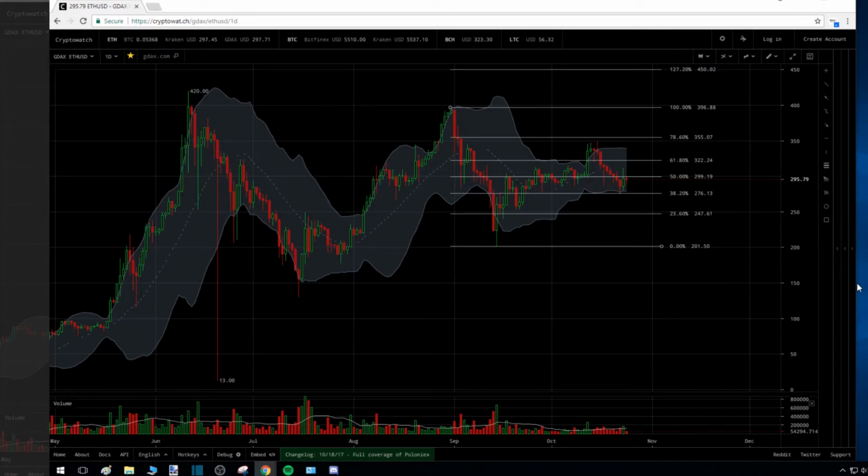It bounced down, didn't quite make it to the 23%, and then it came up, and it's been finding support and resistance along these lines every step of the way. And now we're testing this 50% for, what, the 6th time? 1, 2, 3, 4, 5, 6.